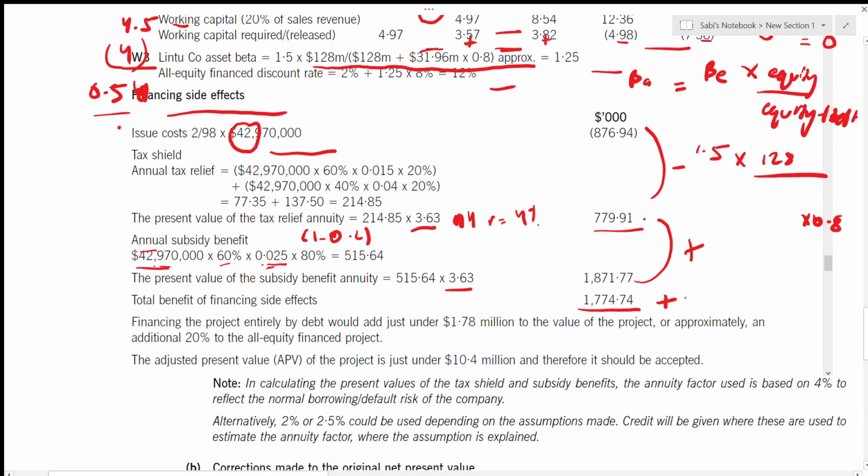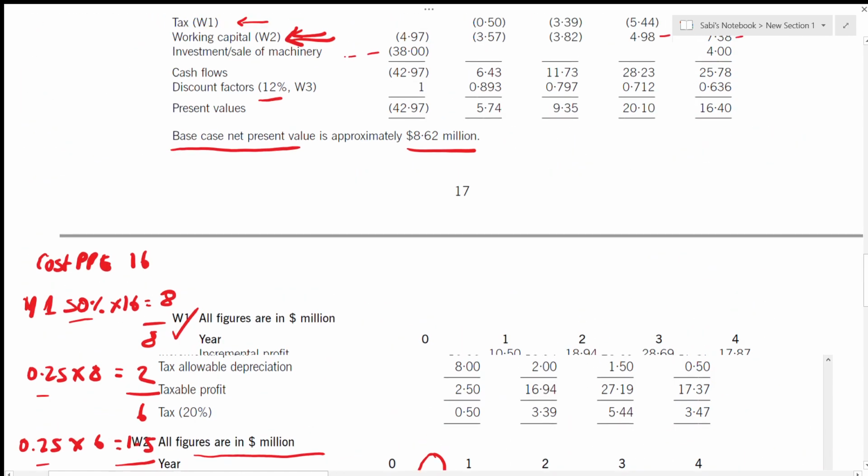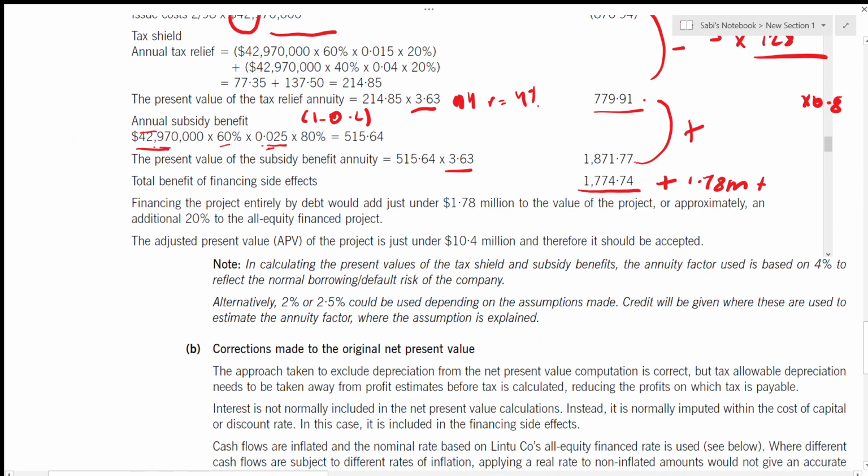So this will be around 1.78 million if you round up, 1.774, because this is in millions, no? We are done. And that one was 8.62 million. That will be your adjusted present value.